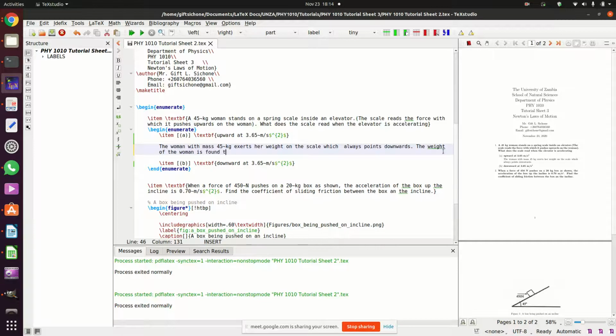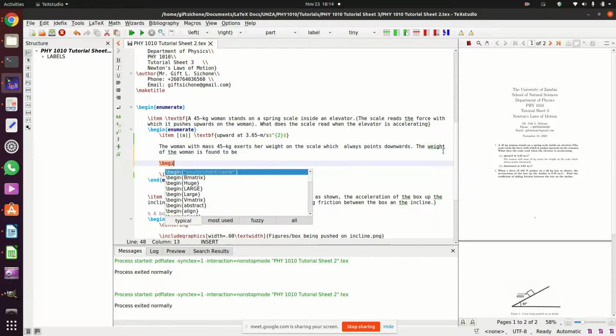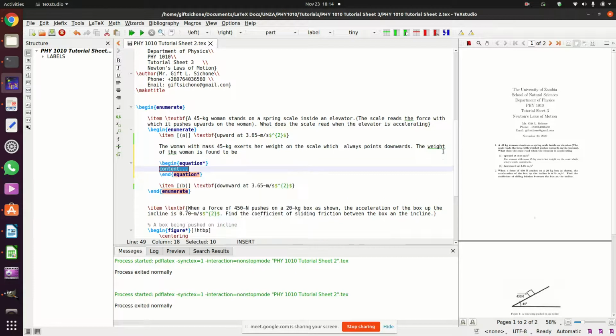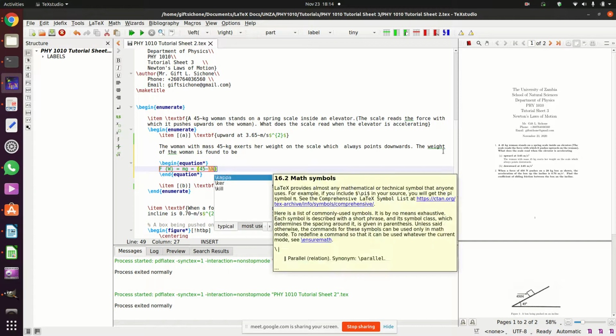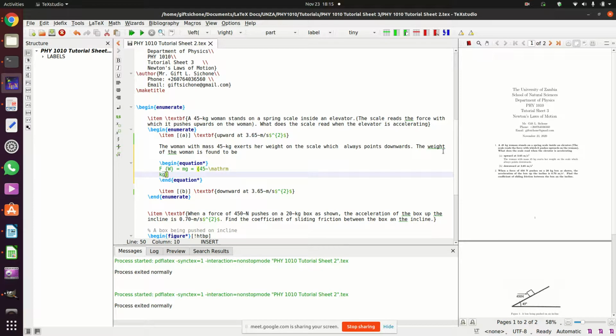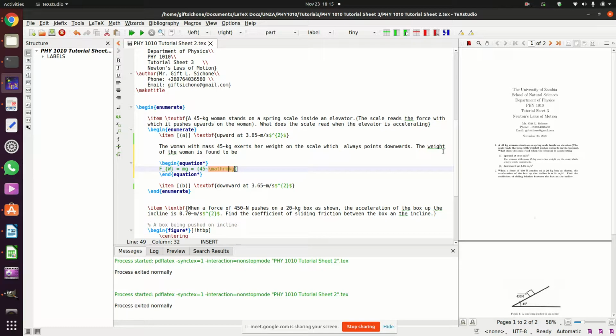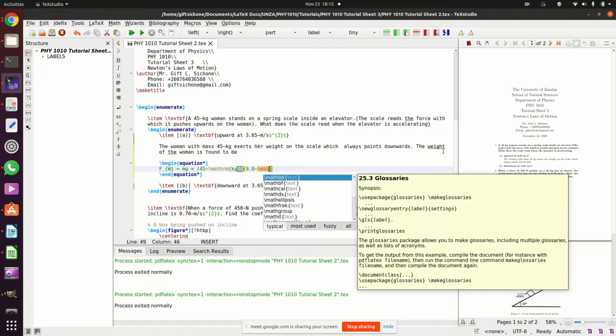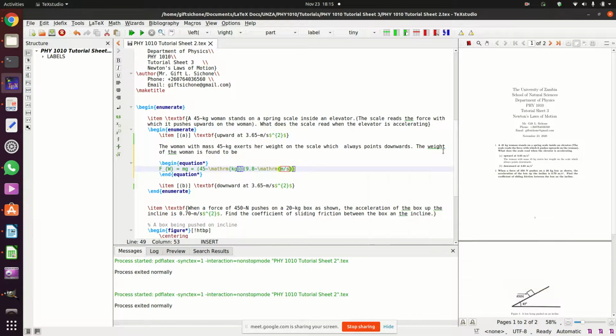is found to be weight, which is the mass of the woman, mg, which equals 45 kg multiplied by 9.8 meters per second squared.